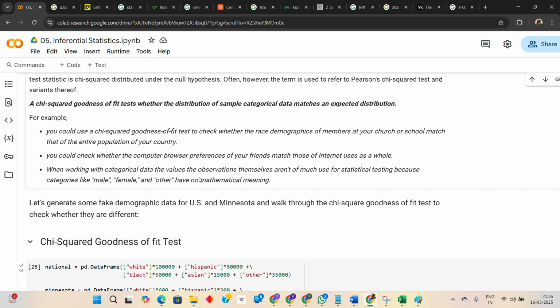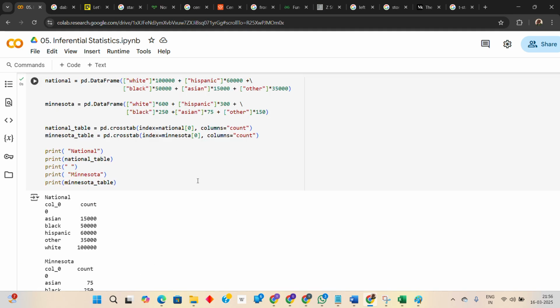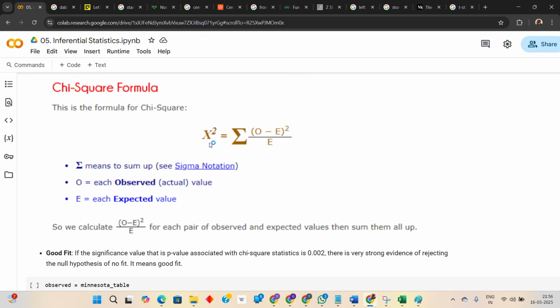There is a formula actually for Pearson's chi-square. I guess I provided it here. Yeah, here is the formula. Summation of, each observed value, O minus each expected value, E. That means actual value minus expected value. What we got? Actual value minus expected value, squared, divided by expected value.